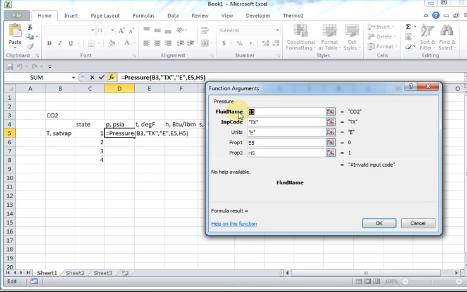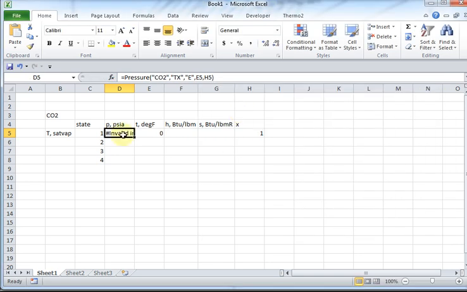How about this? Does it like CO2? Input, no good. Let's do this. Let's see if we can find pressure. Oh, man. This is always embarrassing, because you've got to remember all of these individual functions, and they don't give you very good help.